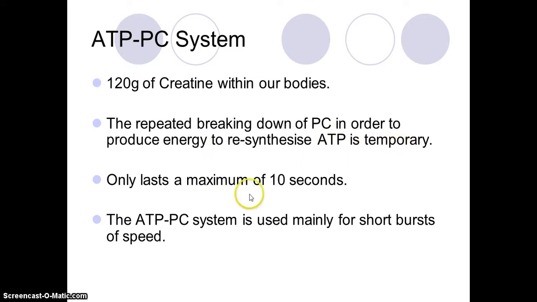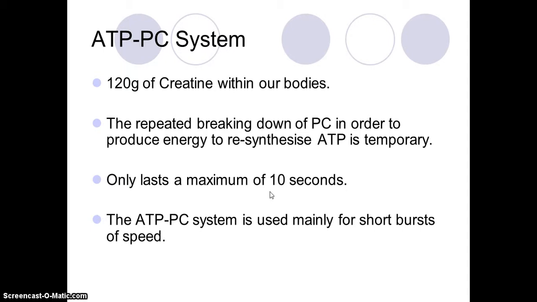Alright, it's temporary. You'll know that it only lasts for 10 seconds, and this is used for short bursts of speed. Now why I'm talking about this only being temporary is because it only lasts for 10 seconds, and it doesn't start once our PC stores are depleted, which happens after 10 seconds. We don't have any PC left in the sarcoplasm. That PC doesn't start to be replenished until exercise goes back to submaximal.